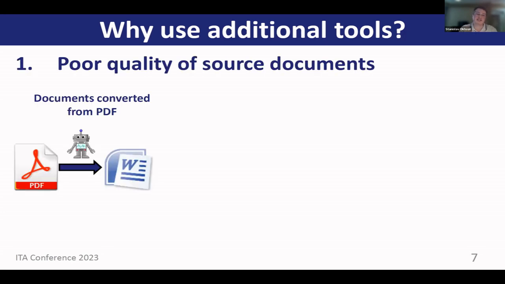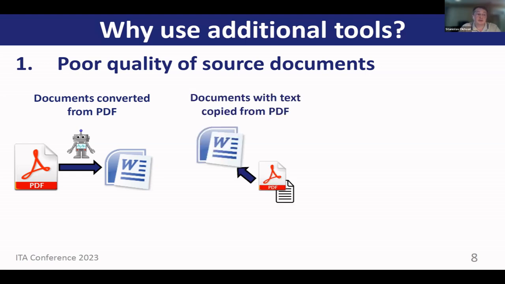The first case is poor quality of source documents. These can be documents converted from PDF files, especially when conversion was done with automatic PDF conversion tools such as online converters. Documents put together using text that was converted from PDF files.